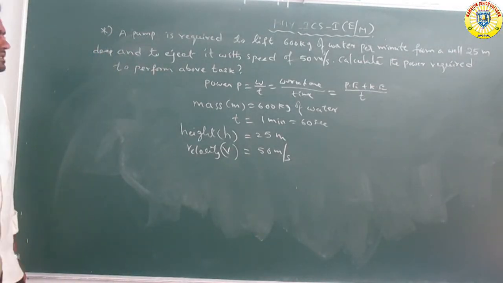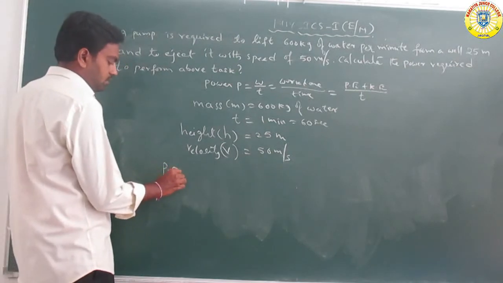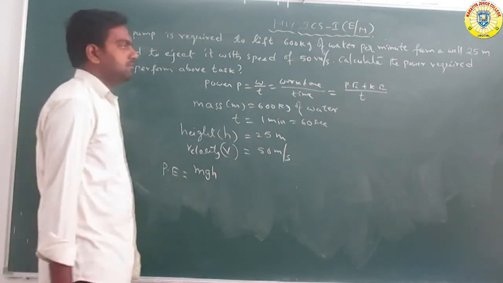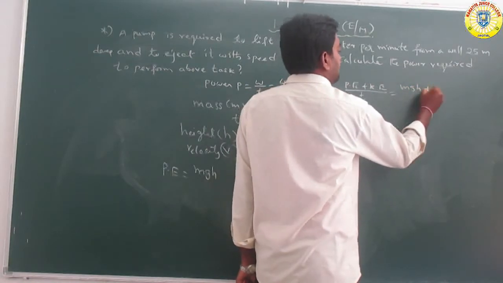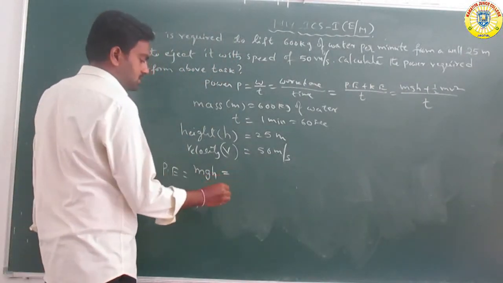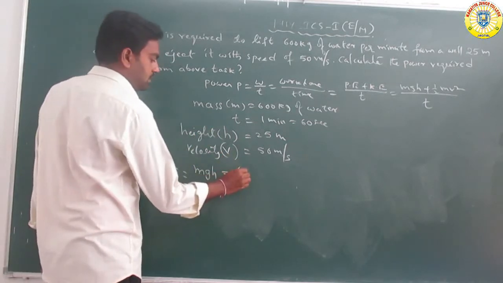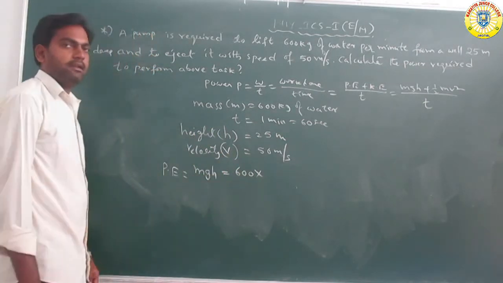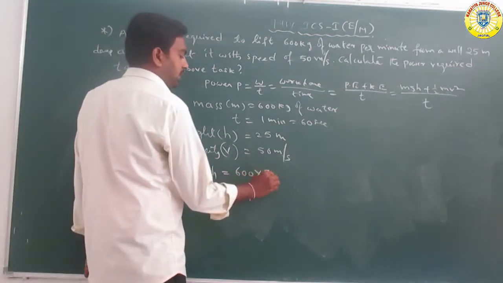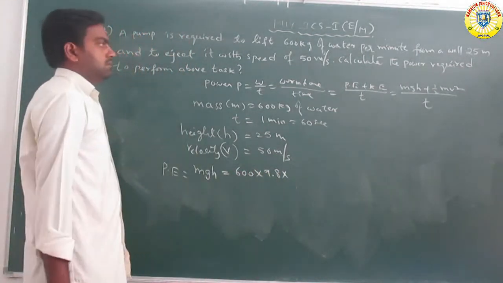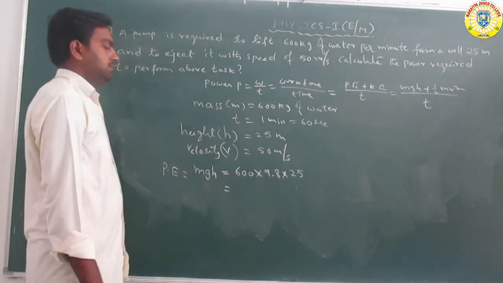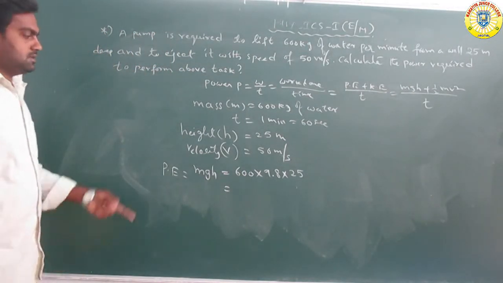First, to find the potential energy: P.E. is equal to mgh. Here m is the mass, 600 kg, into gravity 9.8, but we can take approximately 10, into h, which is 25. So 600 into 10 into 25.